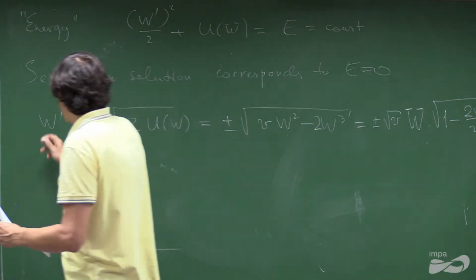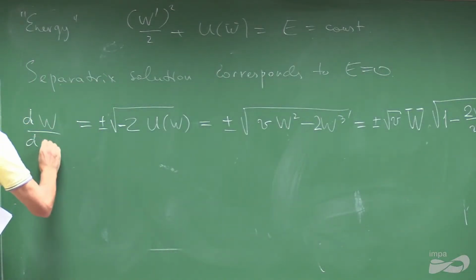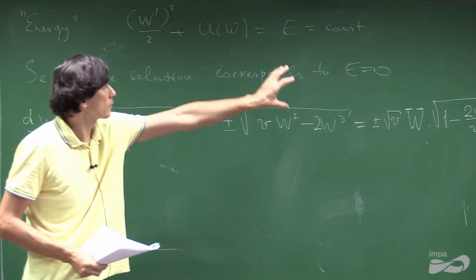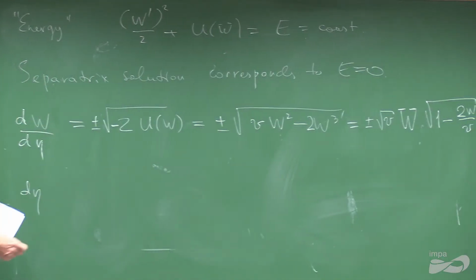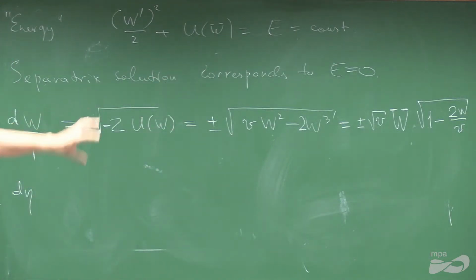Then we will write that this is actually dW over d eta. So we write d eta. So then the d eta we must put there, and the right hand side we put in the denominator.